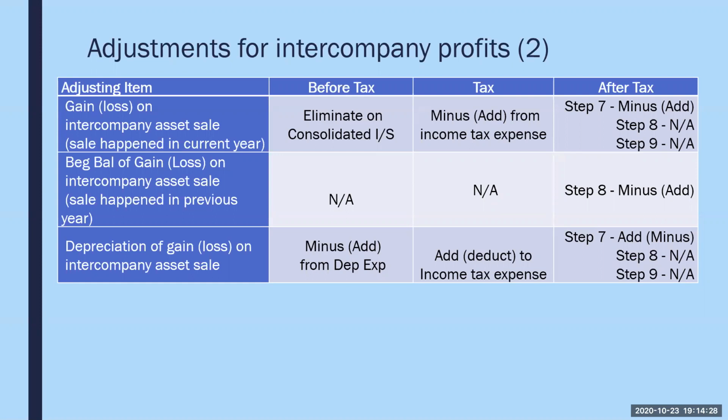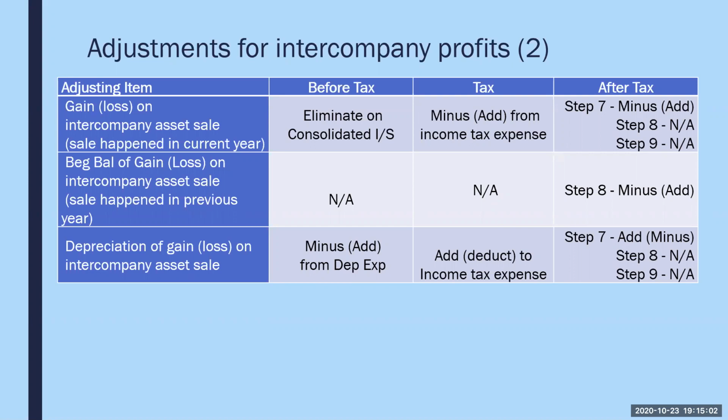However, if the intercompany asset sale was that of a depreciable asset and the asset is being depreciated, then through depreciation, a portion of the original gain or loss gets realized. So what we do in this case is, for the depreciation amount on the amount by which the gain got realized, if you stay with me for the gain part, if the intercompany gain is realized, the consolidated net income must be higher.